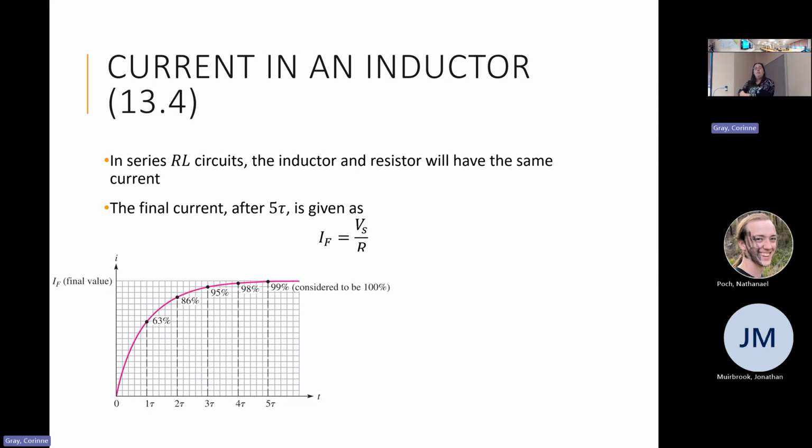If this is the case, for the current value, we treat our inductor like a short. With a single battery source and a single resistor, because this is for DC, we can utilize Ohm's law to find that current value.